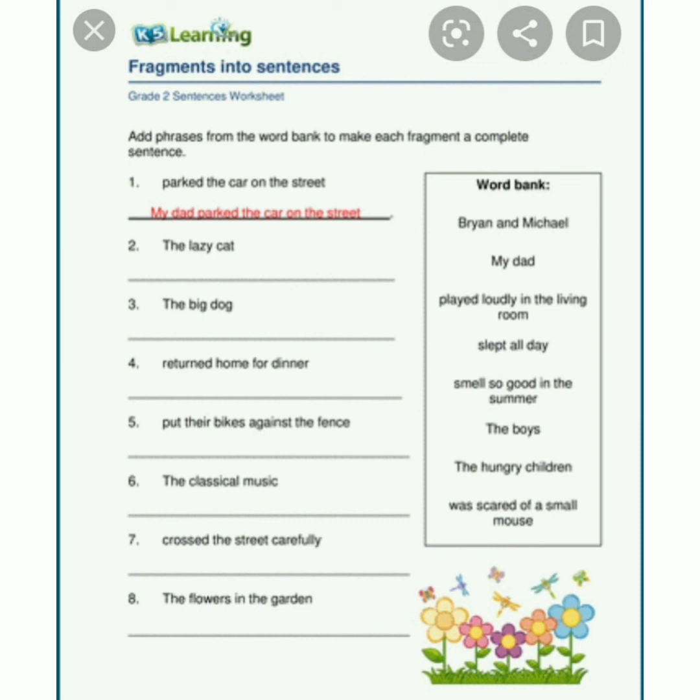Whether it gives you any meaning? No. Whether it starts with a capital letter? No. So, now you have to check the phrase in that word bank. Here, my dad is what you can add here. My dad parked the car on the street. It gives you the full complete meaning to understand. And my, M capital, starts with a capital letter and it ends with a full stop.